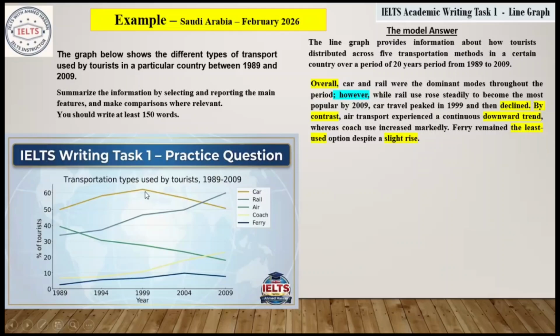1999, you will see that the car peaked. What's the meaning of peaked? Reached the peak. It reached the peak. Apex, that's a climax. And after that, declined. Rise, peak, decline. Is it clear?